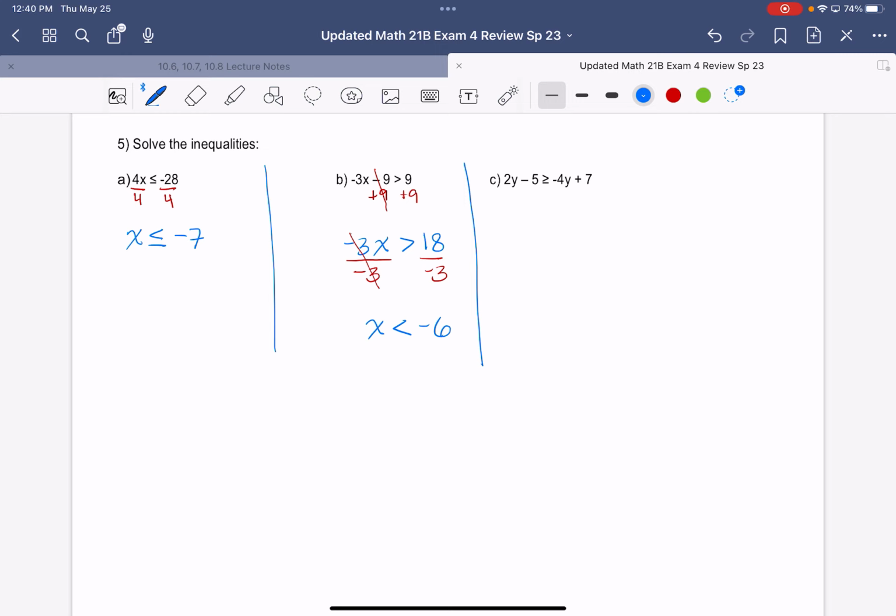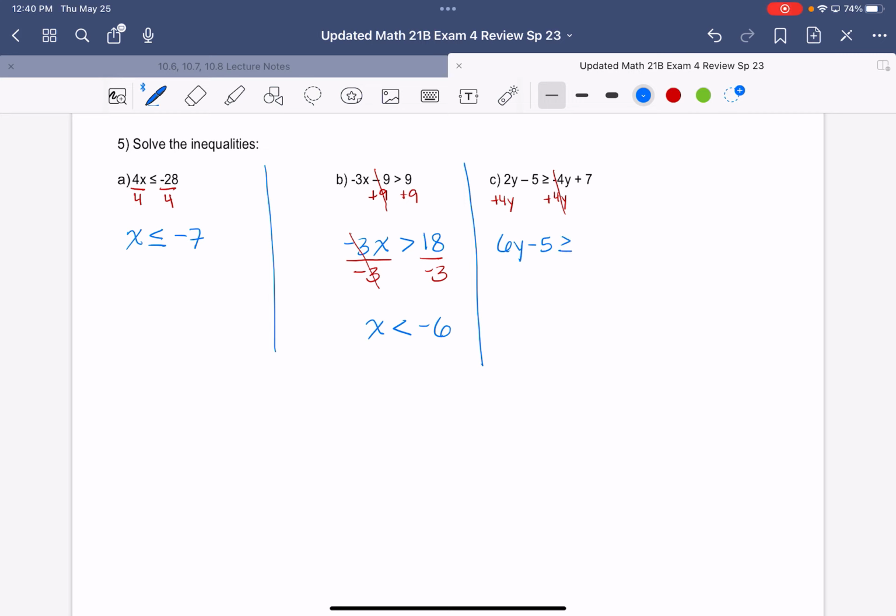So that means I need to get rid of the y that's on the right. And I do so by adding 4y to both sides of the inequality. So that way those 4y's cancel. What are we left with? 2y plus 4y is 6y. Bring down the minus 5.